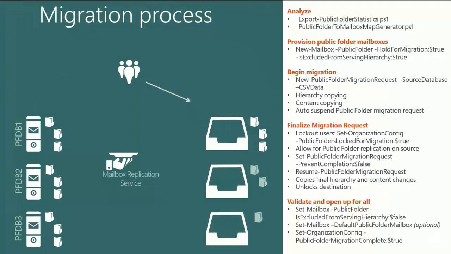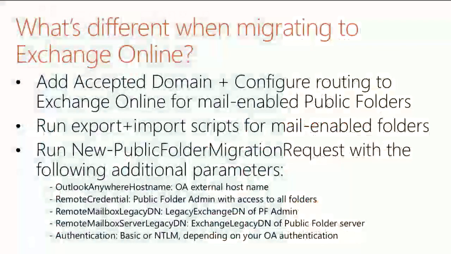Once you verify that, you basically remove that, and you open the structure. So you basically click Set Mailbox, Public Folders, and remove that. That's an old slide. Was lost somehow. Sorry for that.